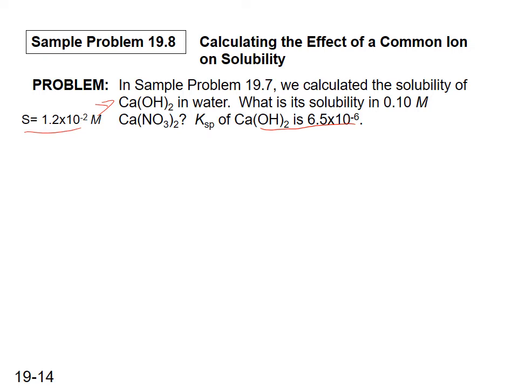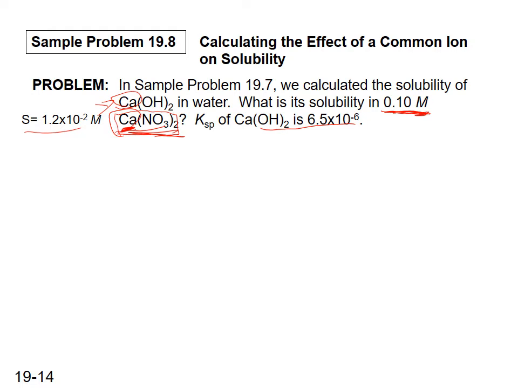Now, in this question, it asks what the solubility is if we have 0.1 molarity calcium nitrate added into the solution. As we learned in the last slide, this is to investigate the common ion effect, because calcium nitrate is a highly soluble salt which produces calcium, and calcium is a common ion because calcium hydroxide and calcium nitrate both have calcium.